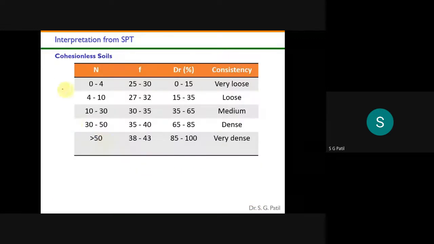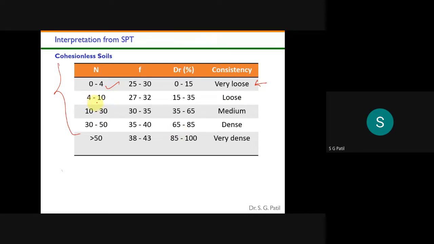So let us see this table, just to give some feel about the numbers here. No need to remember, don't remember this whole table. Suppose your N value is 4, that kind of soil is called very loose soil.